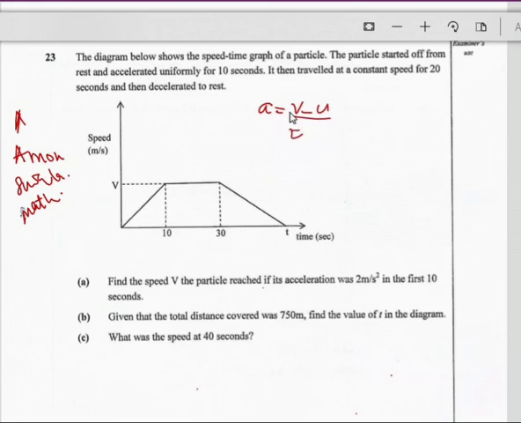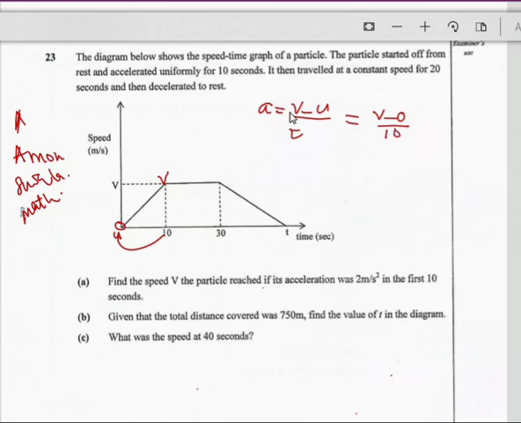It started at this point, which is our u, and reached there, which is our v. So our final velocity is v, which we are looking for, minus our initial, which is 0.